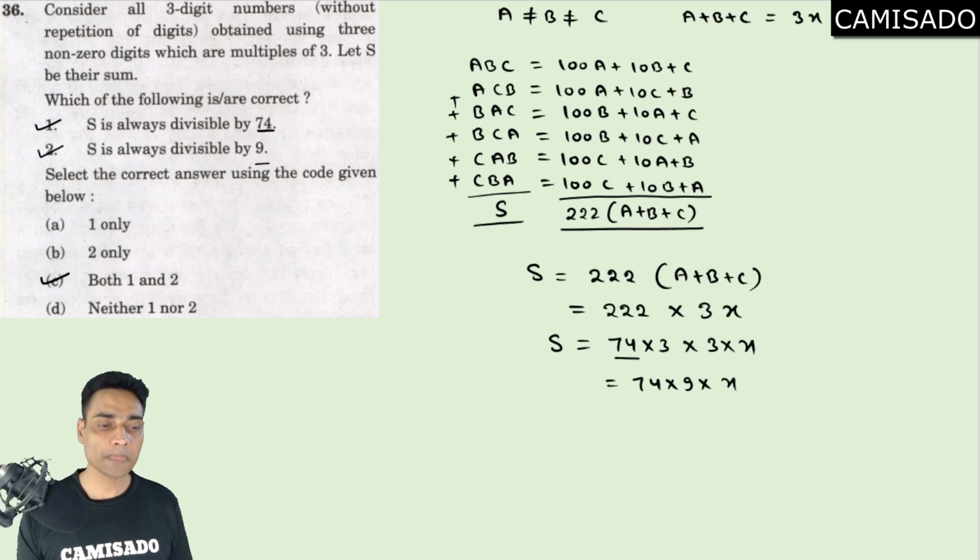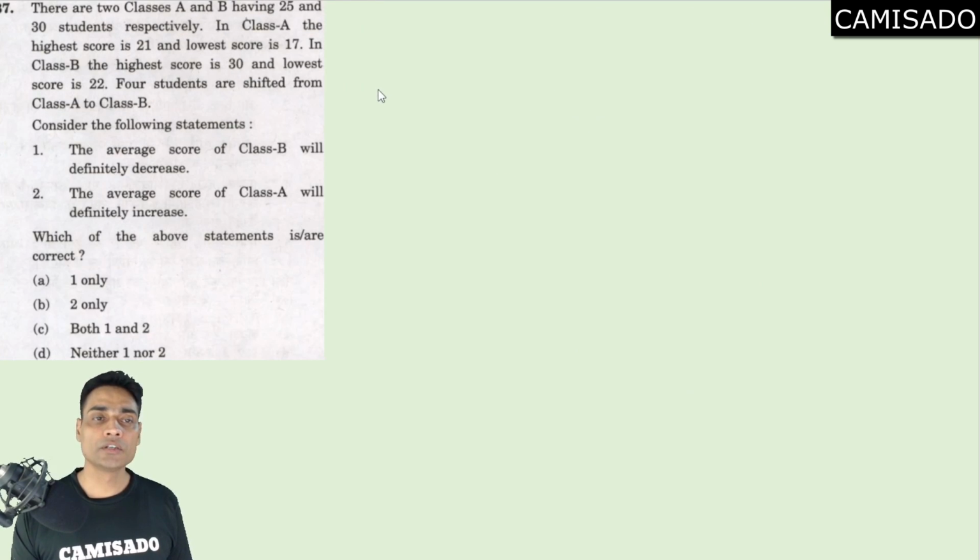Clear? Next. There are two classes A and B having 25 and 30 students respectively. Class A has got 25 students, fine, and the range is 17 to 22.